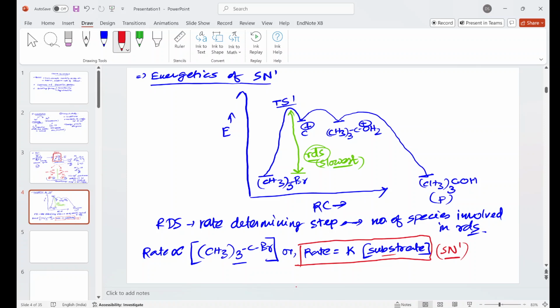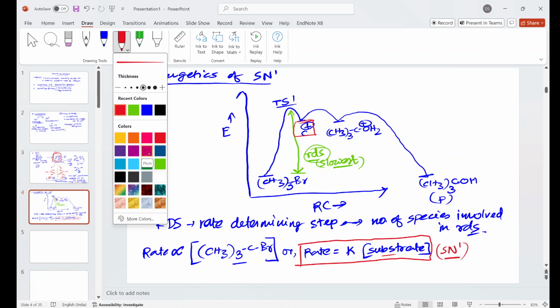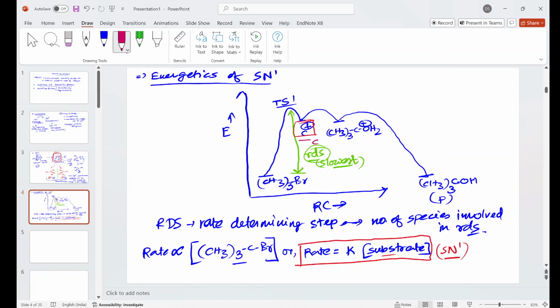And another thing you can understand from here is how you will control the rate of the reaction. So this is your first intermediate, that is the carbocation. If you can make it somehow more stable, let's say here, you may have some different pathway, and then you will get the product.